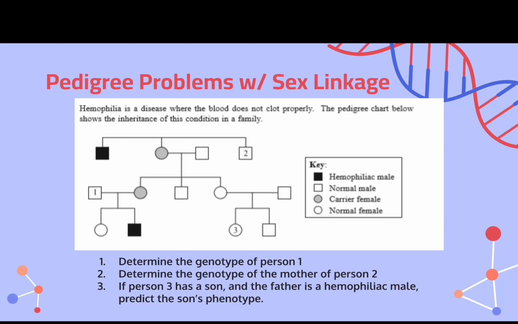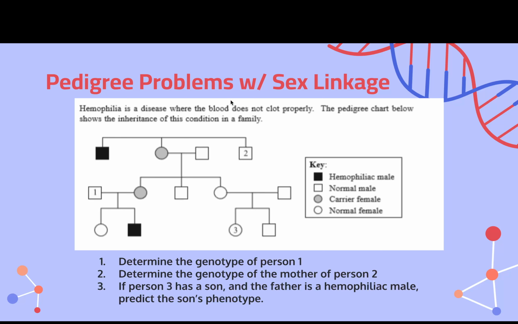So if one of the males is hemophiliac and the one female in the family is a carrier, it would mean that the mother was also a carrier, which, Leaf, your answer is correct. So the mother would have an X capital H, X small h, sex chromosome pair.